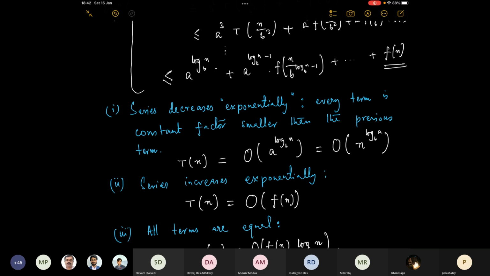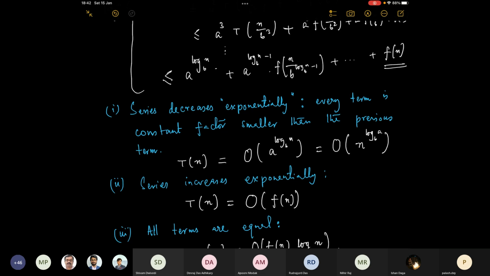If the series is exponentially decreasing, then the first one will be the solution, and so on. But this is the essence of the master theorem. I will deliberately not write the conditions in terms of A and B for when these three cases will occur.